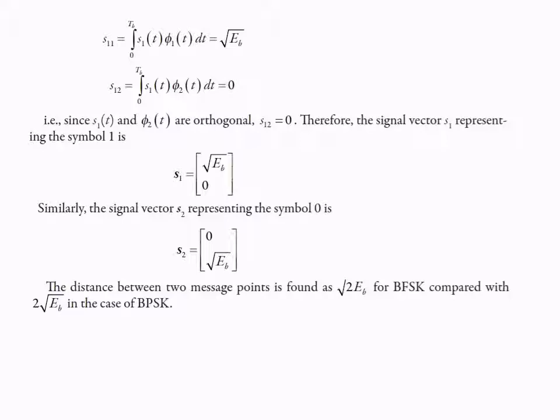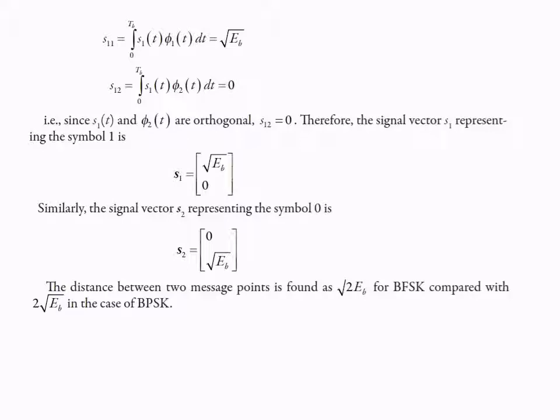Now the distance between two message points in BFSK is found as root of 2EB, compared with BPSK, which is 2 root EB. Now we are going to discuss the signal space diagram of BFSK.